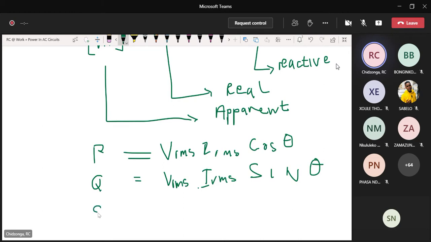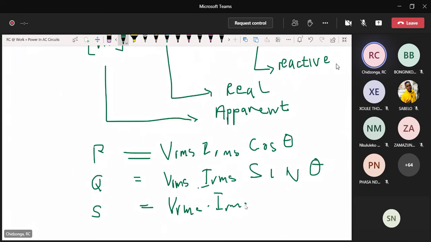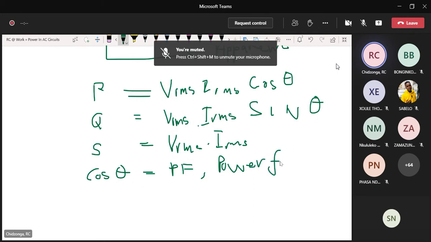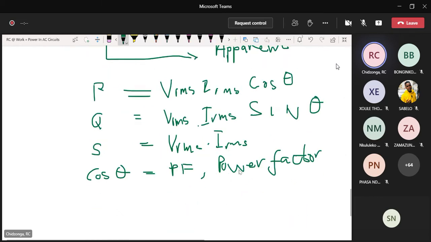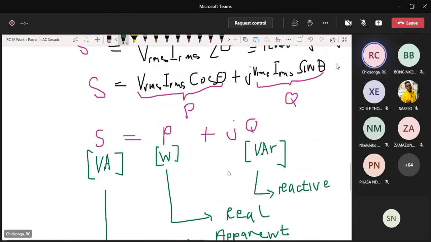The apparent power S is given by VRMS times IRMS. And cos theta is called the power factor. We'll explain it later. Power factor, right? So those are the parameters that define the apparent power.